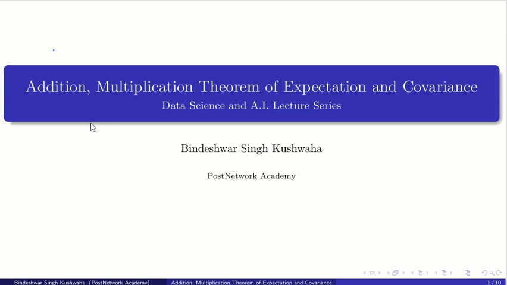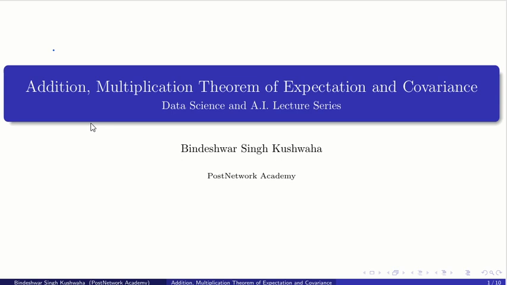Today we are diving into some fundamental concepts in probability and statistics, that is expectation and covariance. Specifically, I will cover the addition and multiplication theorems of expectation and how they relate to covariance.